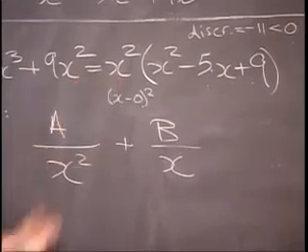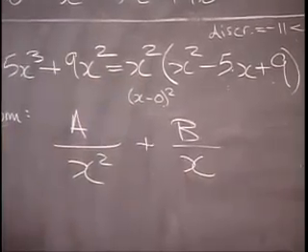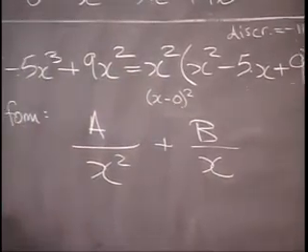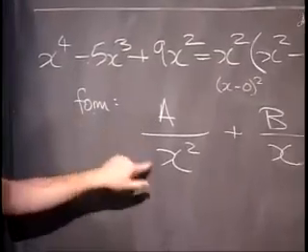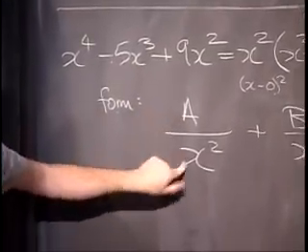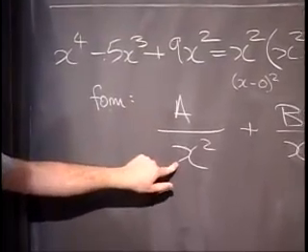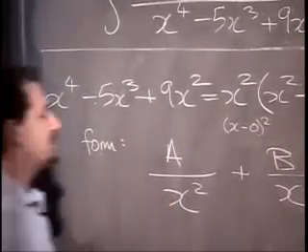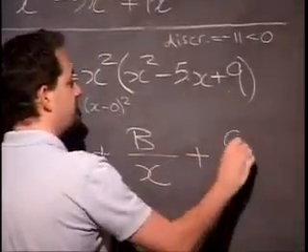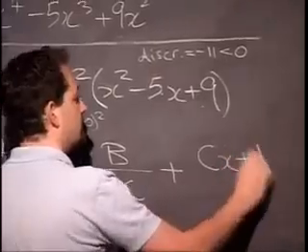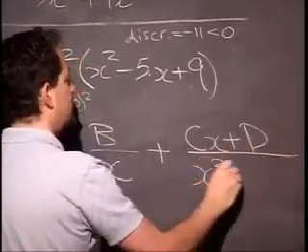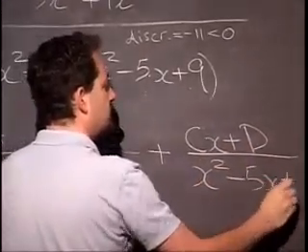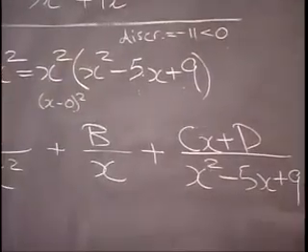It's actually not wrong to put linear, but it makes life a little more difficult. So I want you to think of this as a power of a linear function, in this case, a linear factor, in this case, x. Whereas this other piece, you get cx plus d over x squared plus 5x plus 9.